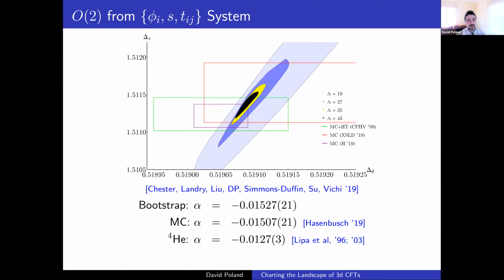So they give you some complementary information. But these give you values for the scaling dimensions or critical exponents that are very, very different from the value reported in the analysis of the helium-4 data. So now we can definitively say that something went wrong in this analysis of the helium-4 data. Probably they underestimated their error bars in a fairly significant way, but we haven't completely understood what the origin of that discrepancy is.